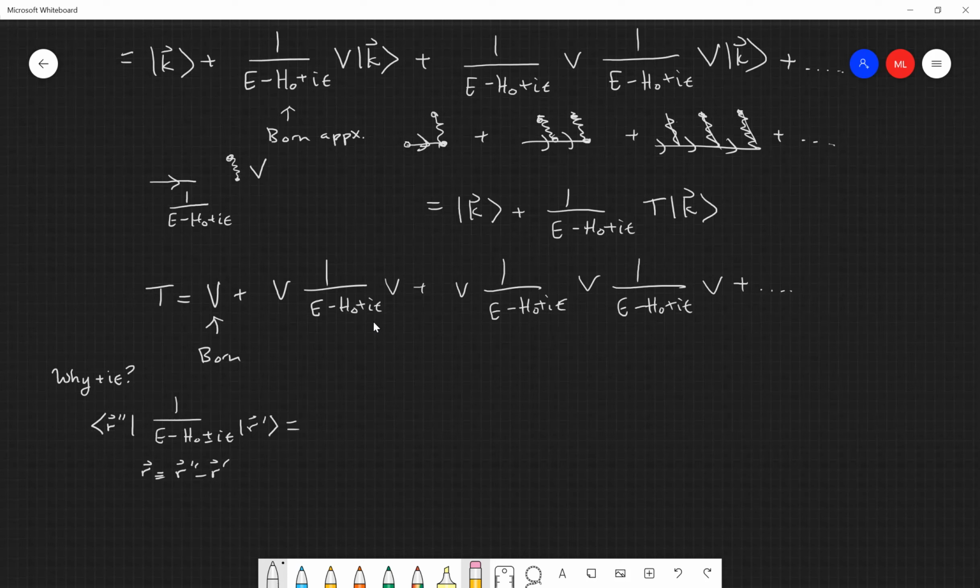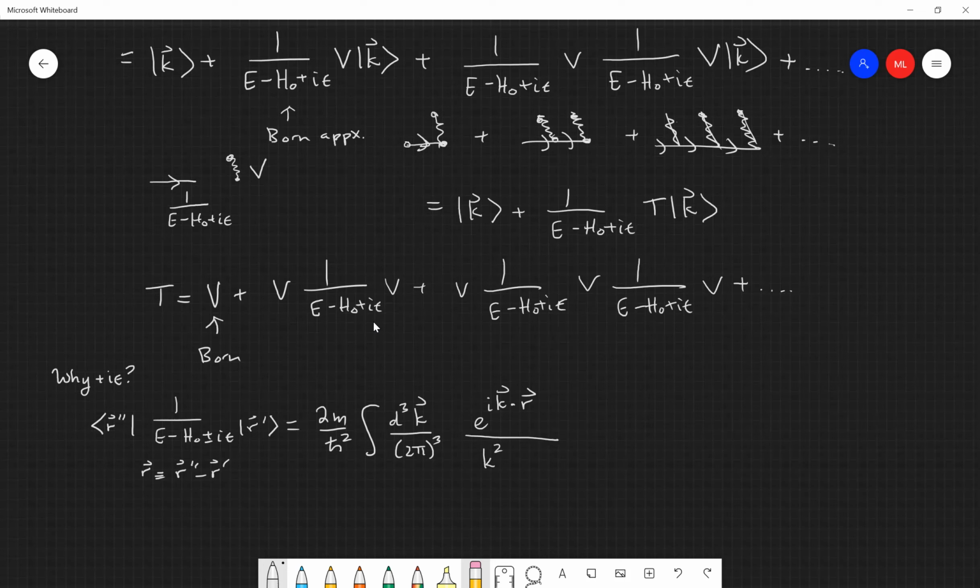And all we do here is just put in the Green's function. There's that 2m over h bar squared. We can add a completeness relation in terms of the momentum, or equivalently the wave vectors. And we get e to the I k dot r over k squared.